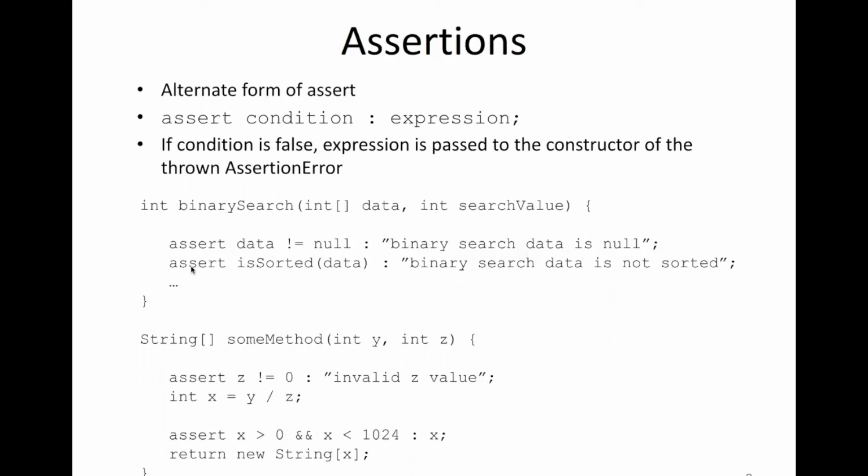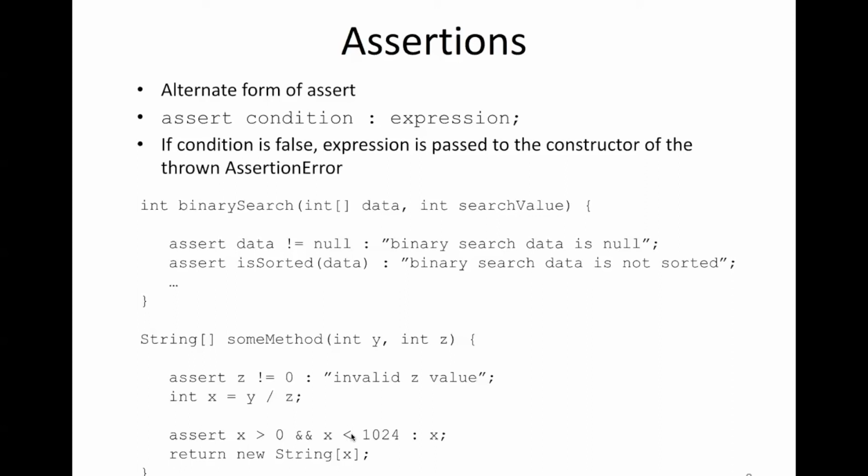The same thing is true here. If this assert fails, I know it's because the binary search data is not sorted, so I don't need a string to tell me that. But there are cases where that can be really useful. If we look at this assert down here, it's really useful. In this assert, if it fails, that's telling us that either x is less than or equal to 0 or greater than or equal to 1024.